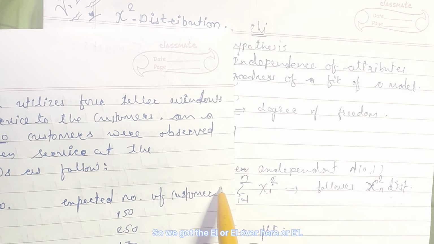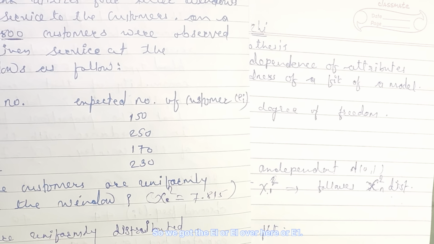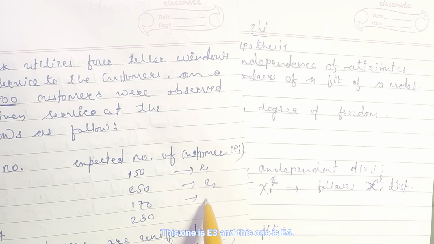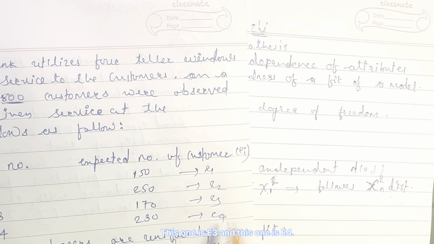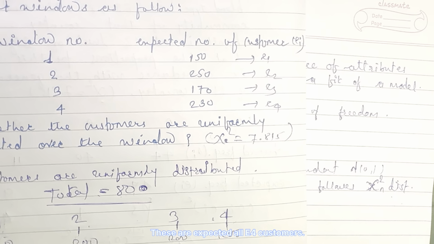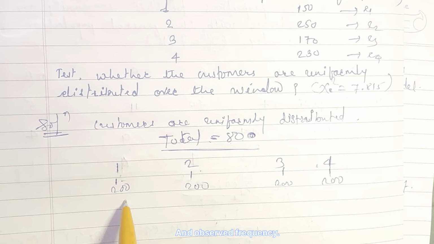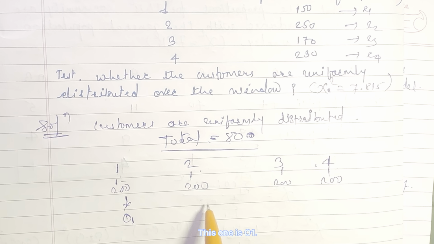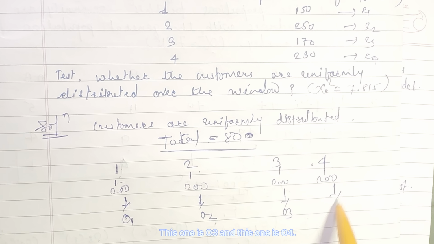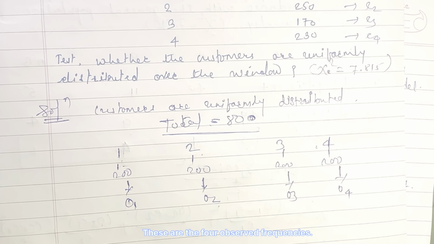We got all the Ei over here: E1, E2, E3, and E4. And the observed frequencies are O1, O2, O3, and O4. These are the 4 observed frequencies.